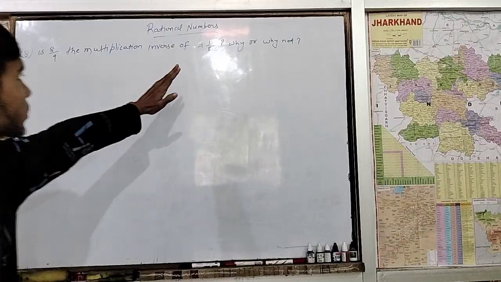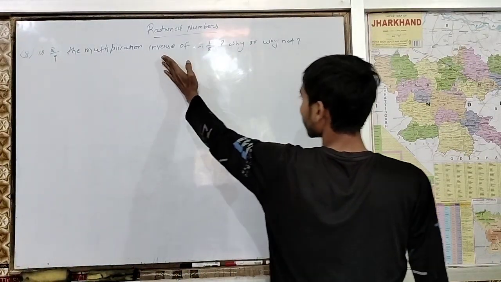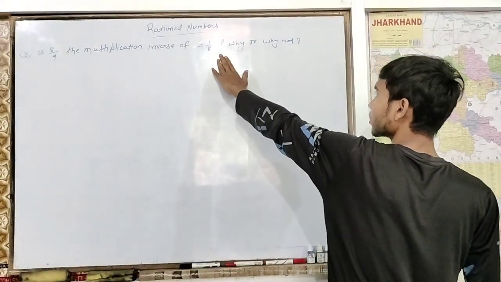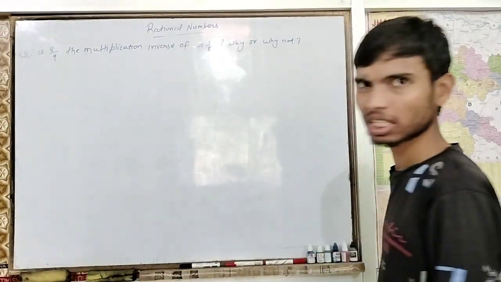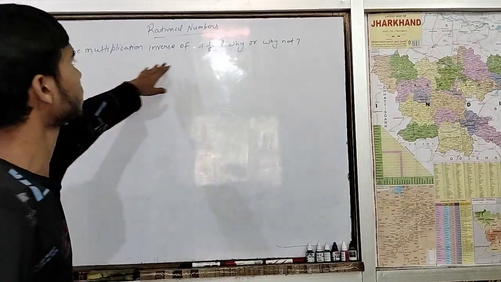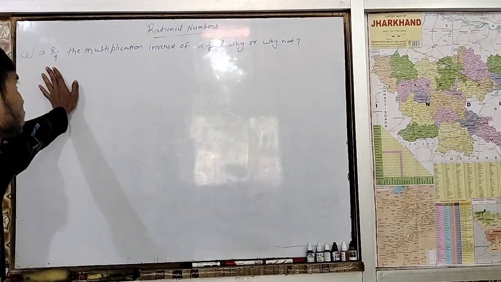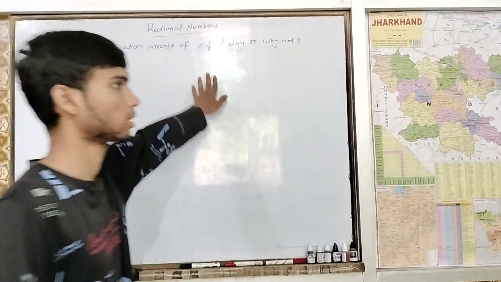The multiplication inverse of this is this. To check it, if multiplication of this and this is giving 1, then we can say yes, this is a multiplication inverse of this.